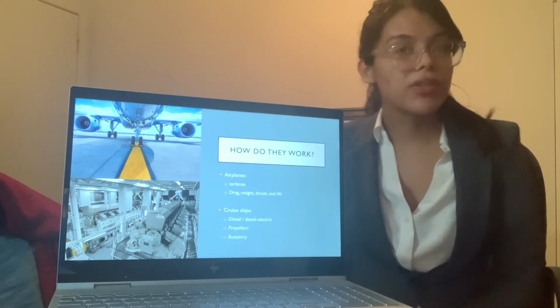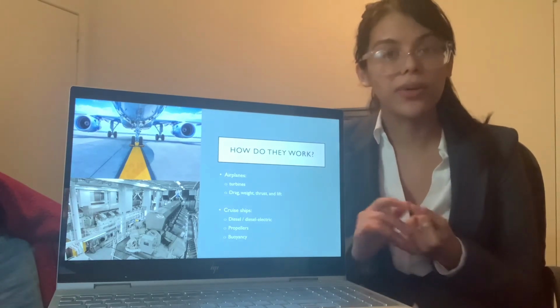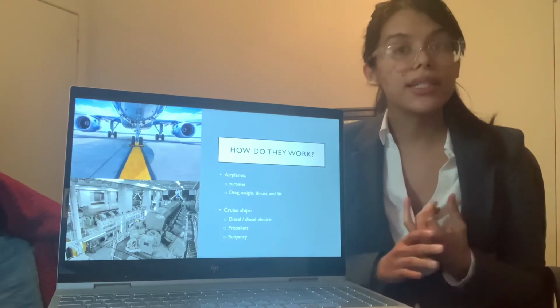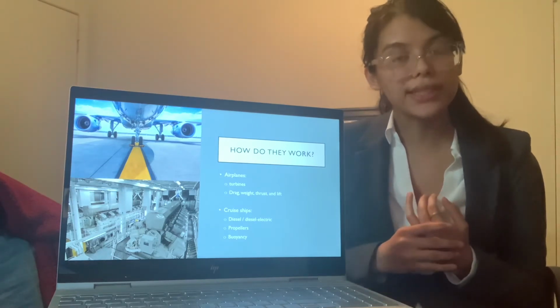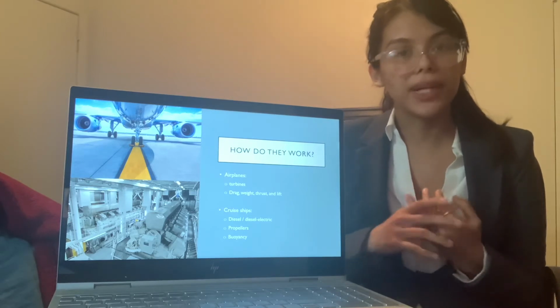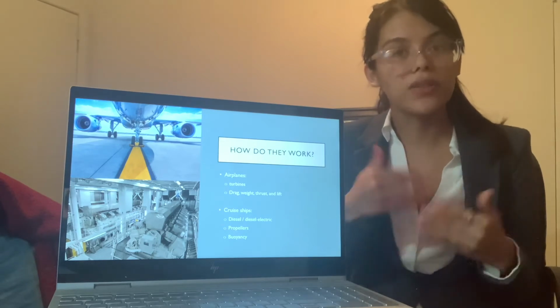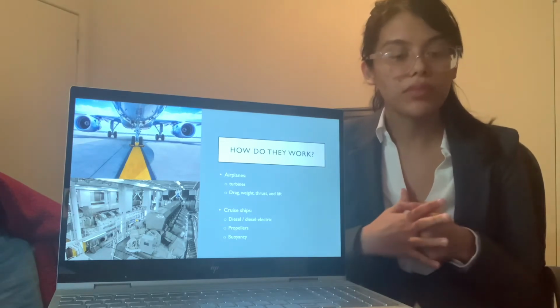The cruise ship can use one of 3 engines: a diesel engine, a diesel electric engine, or a gas turbine. The way that a diesel engine works is that the diesel fuels crankshafts and pistons that are connected to the propeller, and that is what causes it to spin.